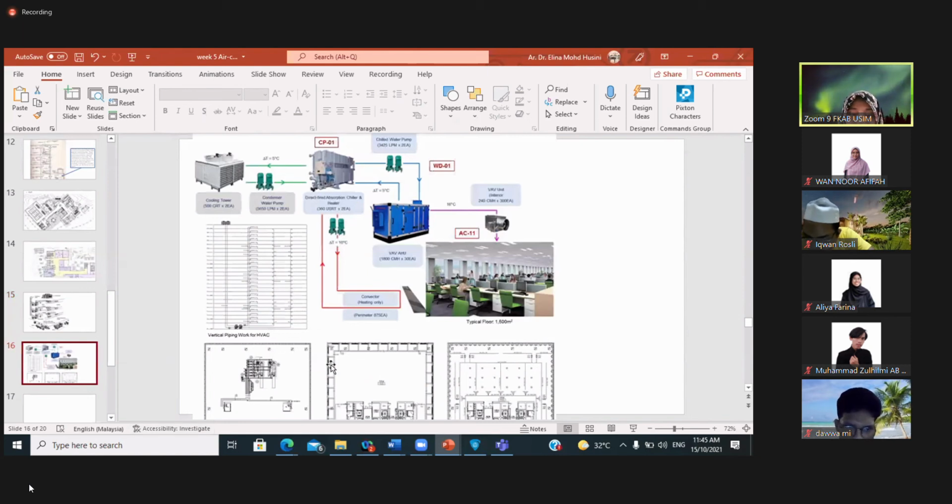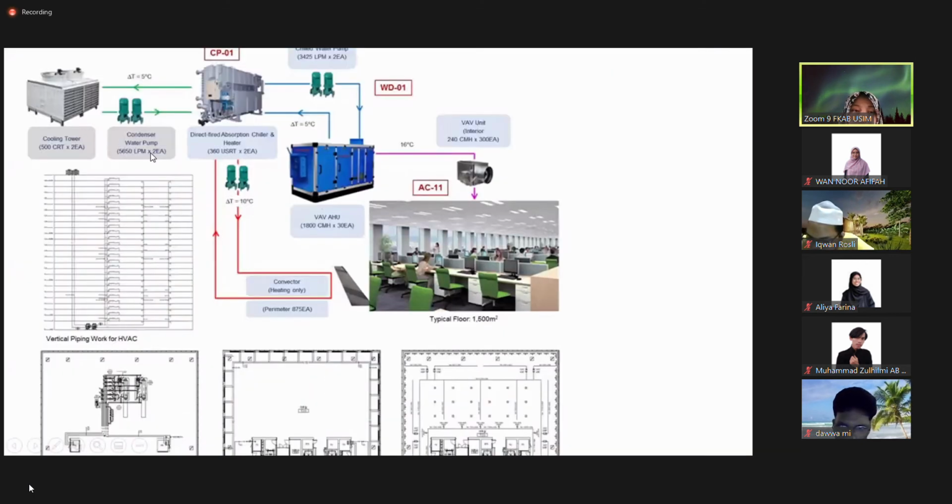Tengok yang ni. This is a high rise. Of course, the high rise becomes more complex. There is the cooling tower on top. Cooling tower they put at the rooftop area, and they think about the condenser water pump. That is why we need to provide pump room. Okay, VAV connector. See, this is the typical floor.